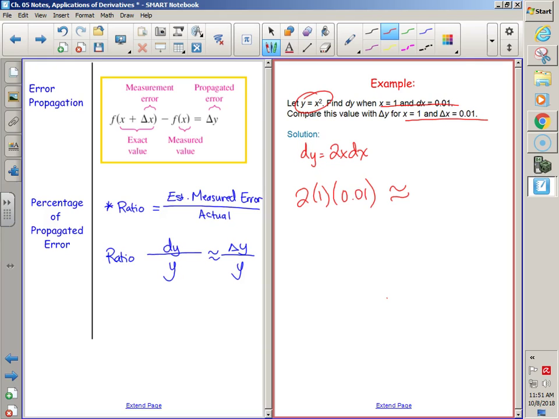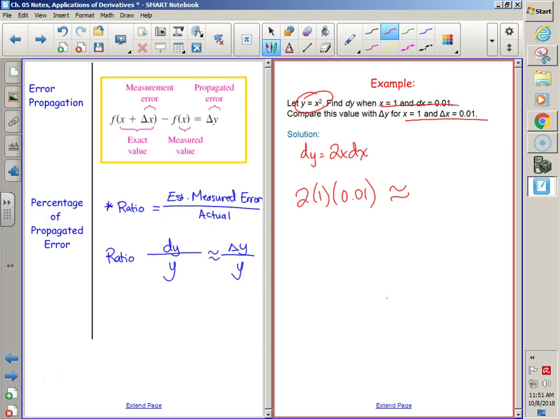Propagated. It's kind of like the resulting error. I'm sure the dictionary definition would be a little different. But if your measurement is a little off, like let's say you're using a tool that measures by tenths, like a ruler, couldn't you be up to a tenth off?